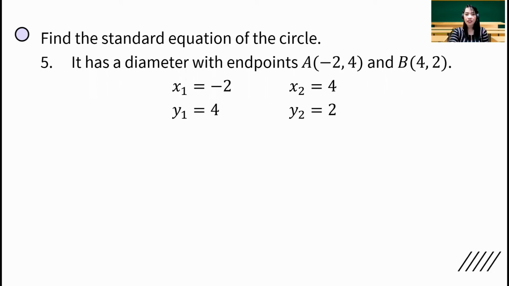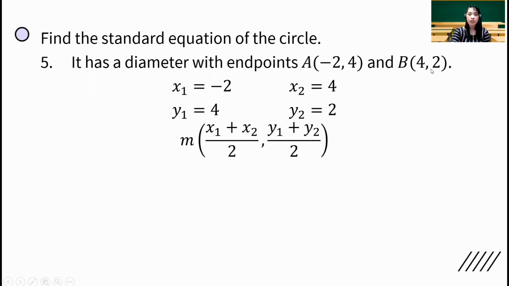So now getting the coordinates, we have x sub 1 from point A, negative 2. X sub 2 is from point B, we have 4. Y sub 1, we have 4 from point A. And y sub 2, we have 2 from point B. Given the formula for the midpoint, we have x sub 1 plus x sub 2 all over 2 to get the x coordinate, and y sub 1 plus y sub 2 all over 2 to get the y coordinate.